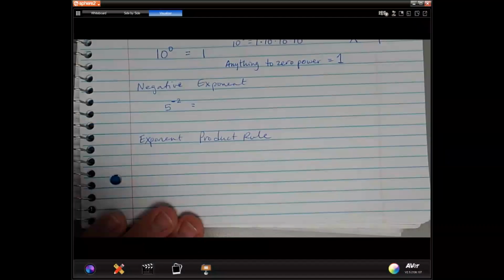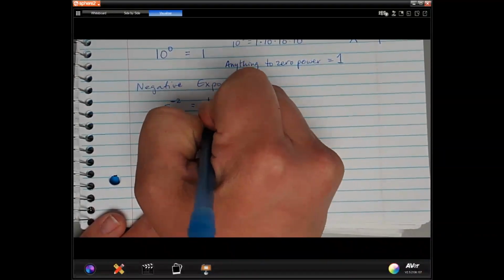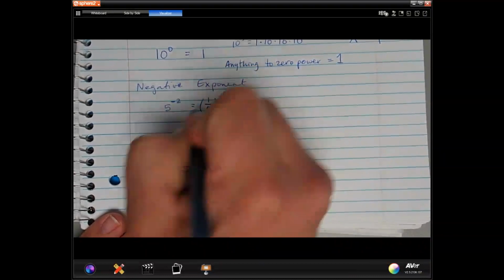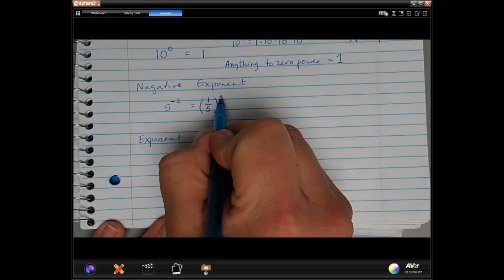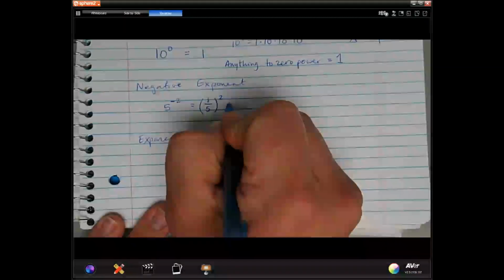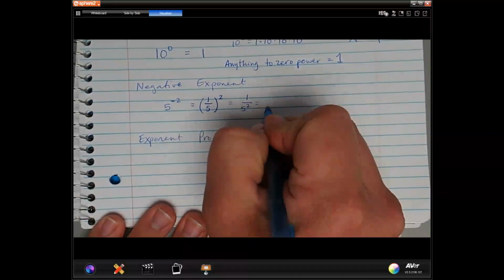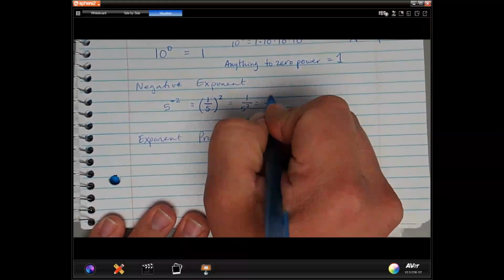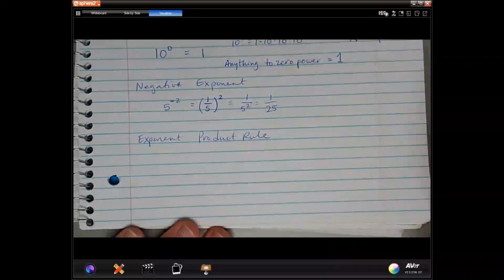What we should first be thinking of is this: 5 to the negative second power should indicate to us that we are thinking of the inverse or the reciprocal of the base being multiplied by the power that's being given. We can simplify this by recognizing 1 raised to the second power is equal to 1, and 5 raised to the second power is equal to 25. And so we see that 5 to the negative second power is equal to 1/25.